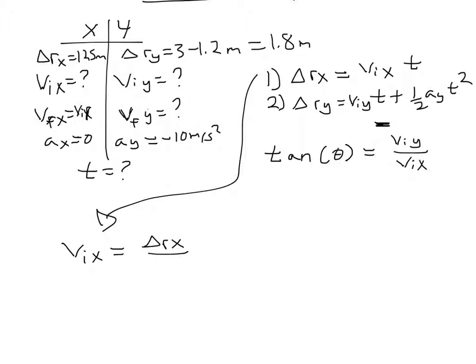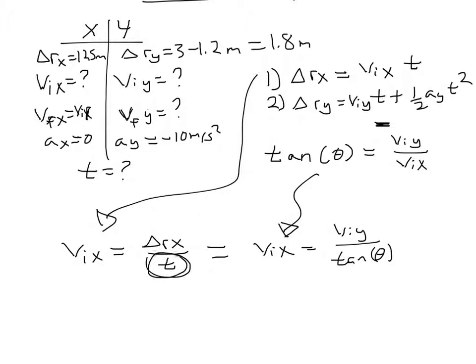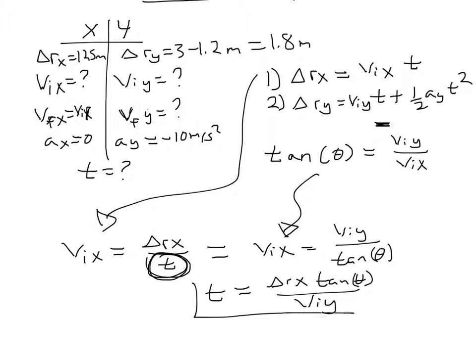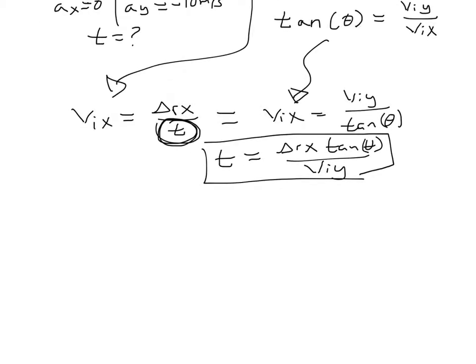So that's going to equal the displacement in x divided by time, and we'll rearrange this equation as well, solving for the initial velocity in x, which will equal the initial velocity in y divided by the tangent of the angle. It should be apparent that we can equate these two equations and solve for one of the unknowns, which is time. When we do that, we see that t, time, is equal to the change in displacement in x times tangent of theta divided by the initial velocity in y, and we get this just by doing some basic rearranging of the equations on the left and on the right.